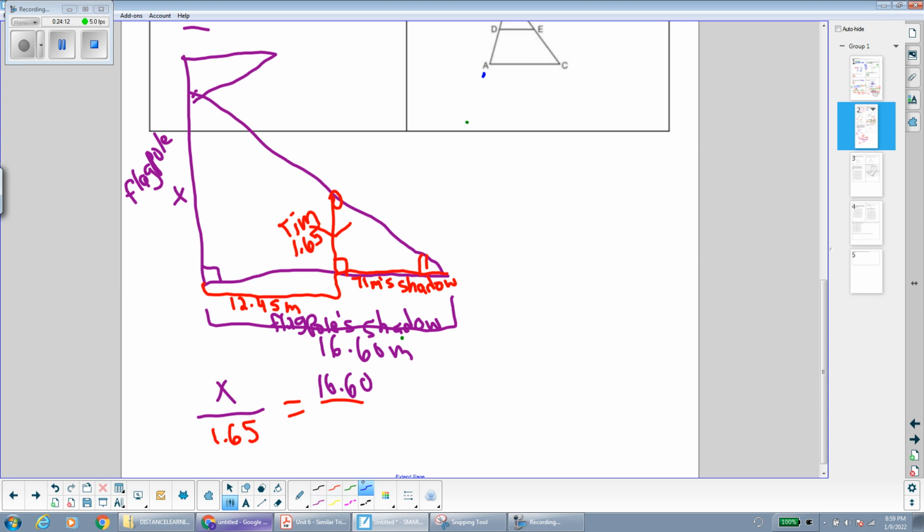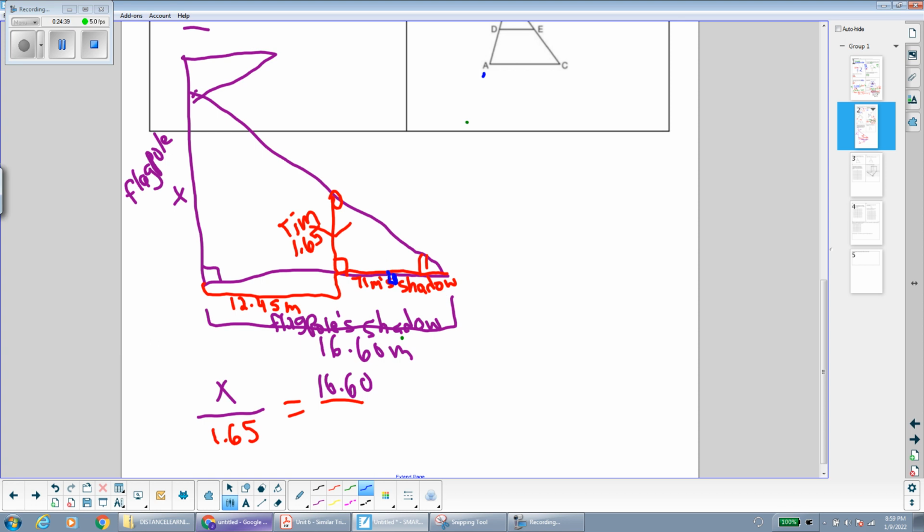I know that the whole flagpole shadow is 16.60 and that Tim was standing 12.45 meters from the bottom of the flagpole. If I do 16.60 minus 12.45, I'll find out how long Tim's shadow is. So let me do that on my calculator. 16.60 minus 12.45, and I got 4.15.